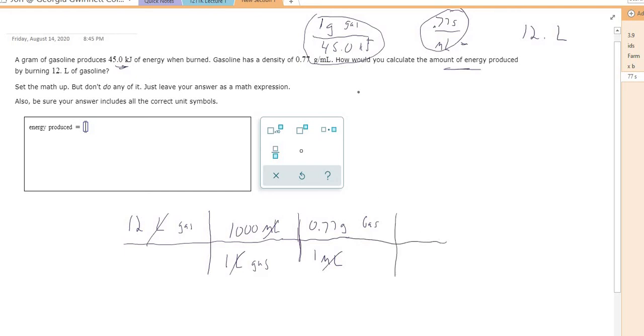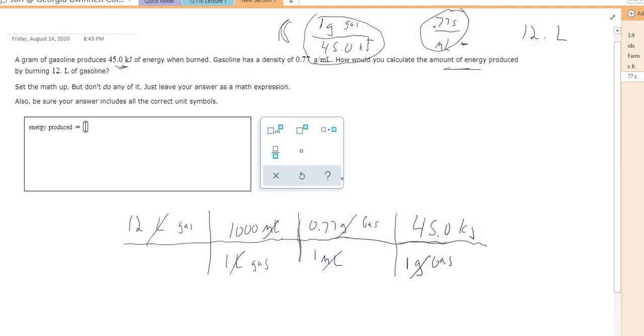And I can use my other conversion factor now just by flipping it around and say that for every 1 gram of gasoline, then I create 45.0 kilojoules when burned. My grams of gasoline will cancel out. Is this a true statement? Well, it is, because the problem gave me that.